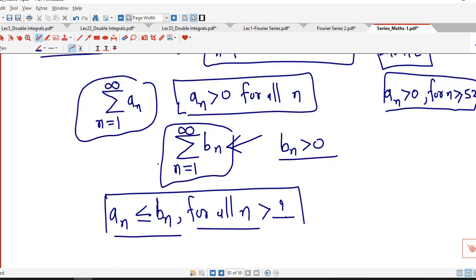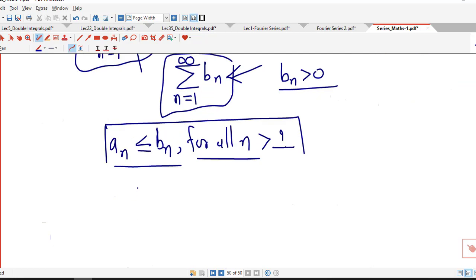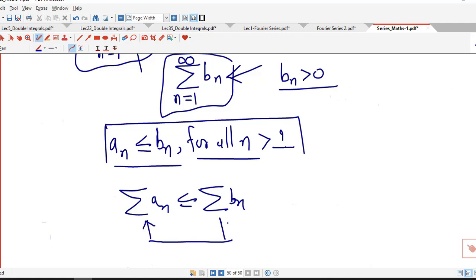So suppose every term an of this series is less than or equal to bn, which we have selected. Then from this we can see sigma an must be less than or equal to sigma bn. So this infinite sum is less than or equal to this infinite sum. Now suppose this series is convergent, that means this sum is finite.